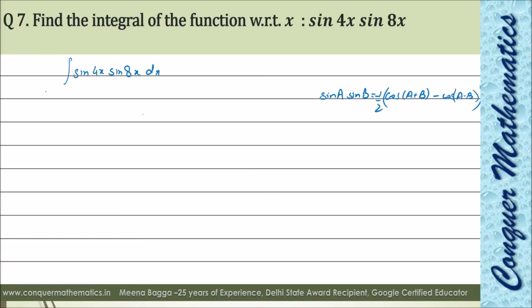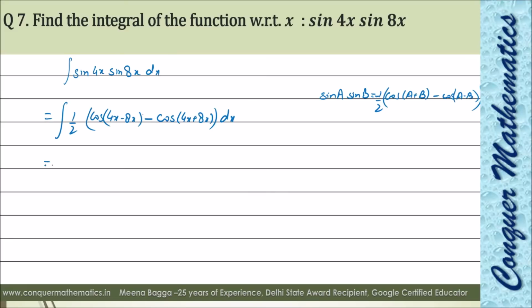So this would be integral of 1 by 2 [cos(A minus B), meaning 4x minus 8x, minus cos(A plus B), that means 4x plus 8x]. I have just multiplied this negative sign with both the terms.